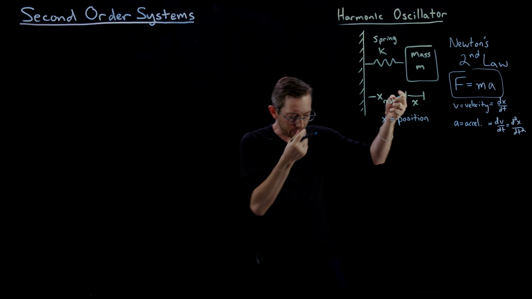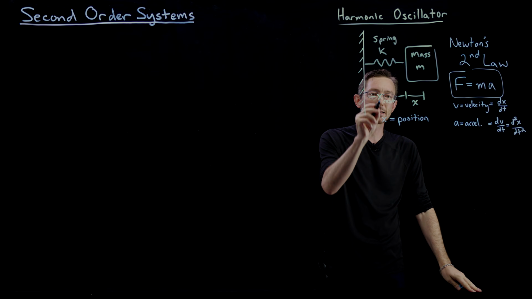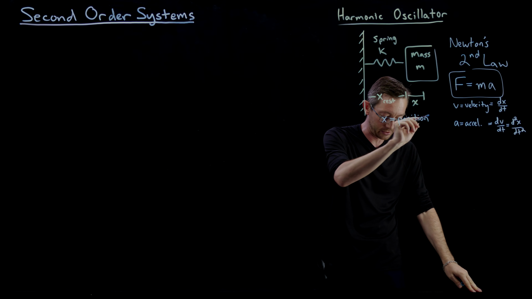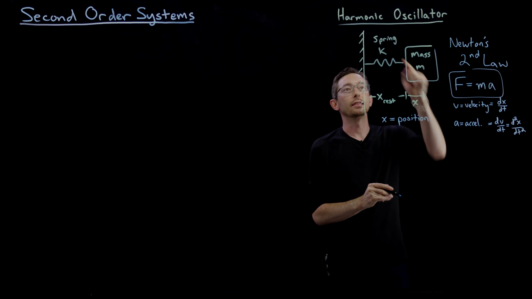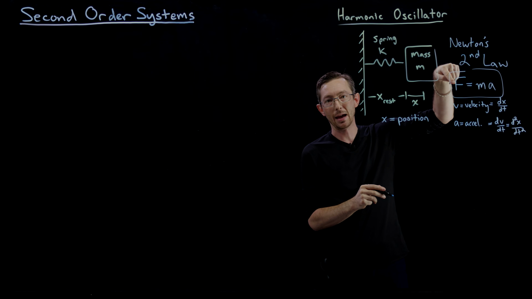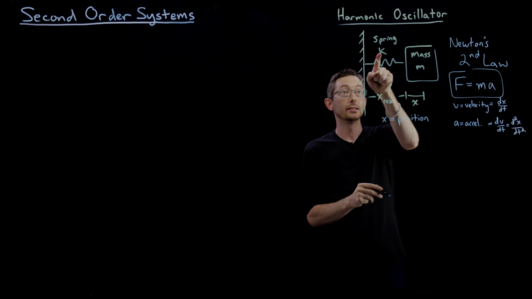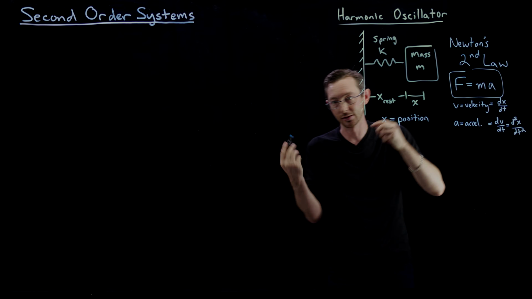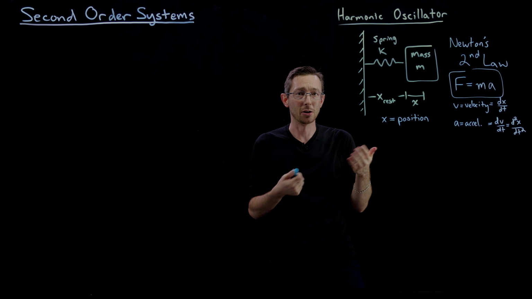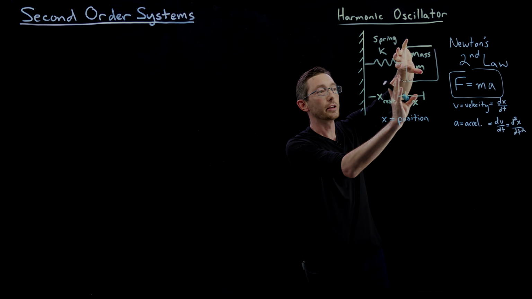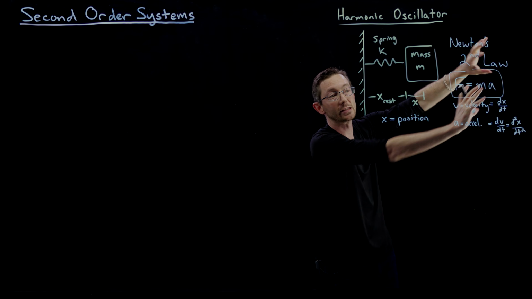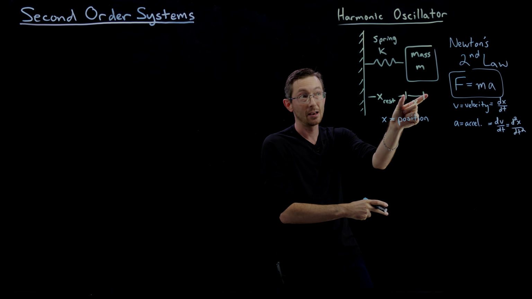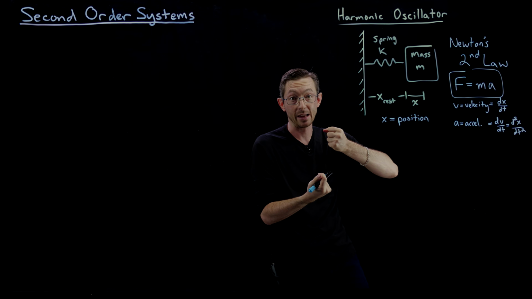So how do we derive this? We say x is the displacement from its rest position, and the force on this mass is proportional to k times x. This is, I think, Hooke's law or something like that, where the more I pull this mass away from its equilibrium, the larger x is, the larger the restorative force from that spring.